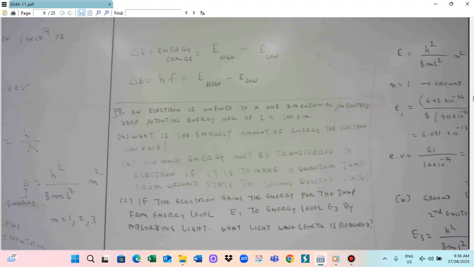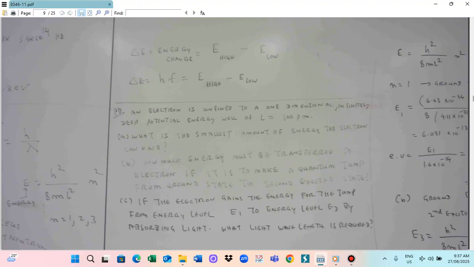So the electrons are moving around the nucleus. They retain the energy. So the energy E can be calculated as n squared h squared divided by 8 m L squared. H is the Planck constant, m is the mass of the electron, and n is 1, 2, 3, the number of the path.